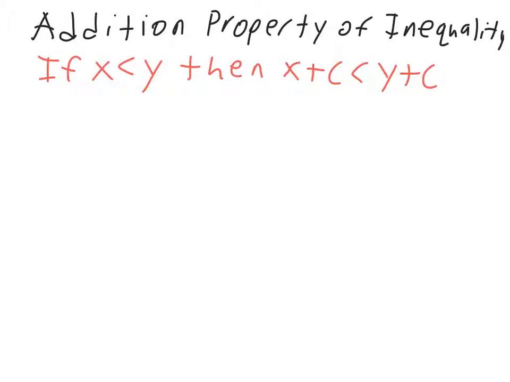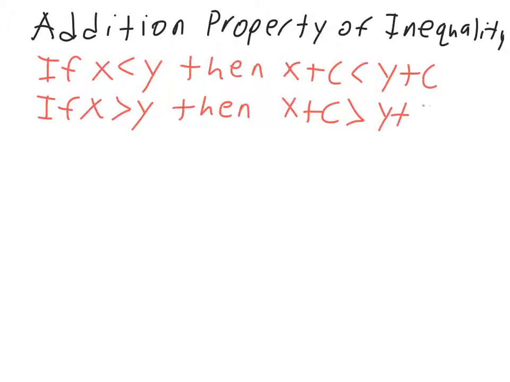So if we add the same number to both sides, just like with equations, the inequality still stands. And that also works for the other sign. If x is greater than y, then x plus c will be greater than y plus c.